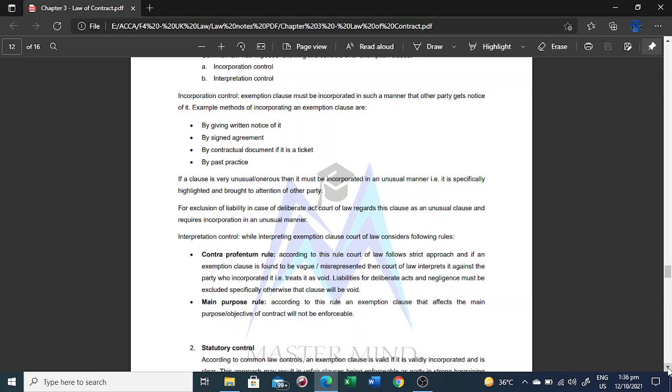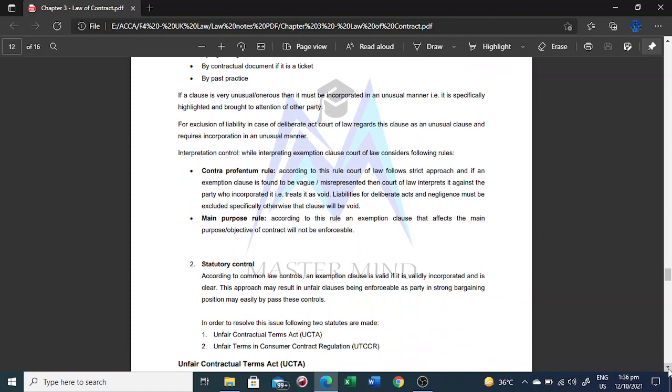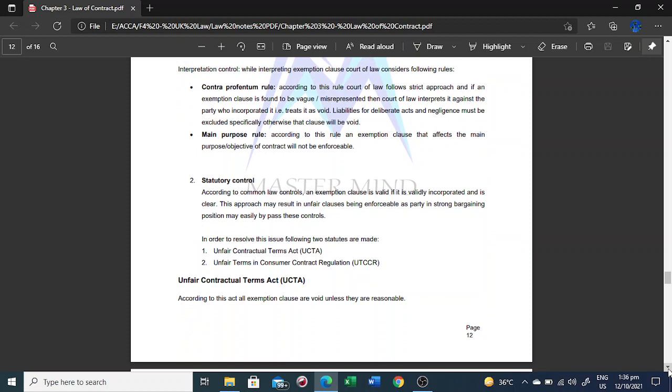Interpretation control. In this they are going to use two rules, the contra proferentem rule and the main purpose rule. As per the contra proferentem rule, the court of law follows a strict approach, and if an exemption clause is found to be vague, then the court of law is going to interpret it against the party. Against what party? Against the party who incorporated this clause.